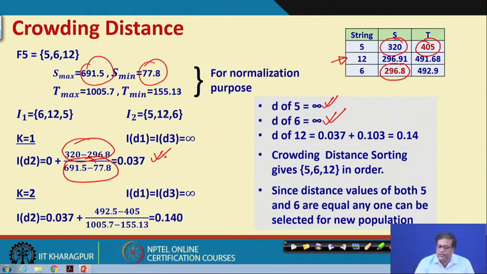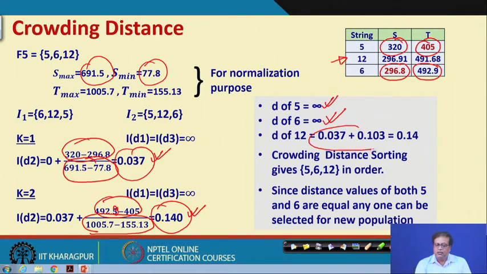And with regard to T, 492.9 minus 405, divided by 1005.7 minus 155.13, which are T max and T min. If you take this ratio, we get 0.140. So if you add this and this, then you get the crowding distance of 12.